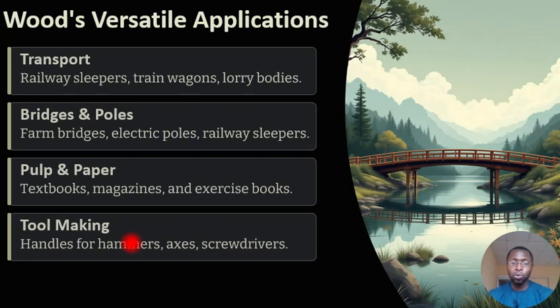Though we have some other handles with rubber, we have the ones that are made of wood. The handles of axes are made of wood, and some screwdriver handles are also made of wood. Even in our kitchen utensils, there are wooden spoons that we make use of in the kitchen. There are so many other areas of application of wood that time will not permit us to keep mentioning.